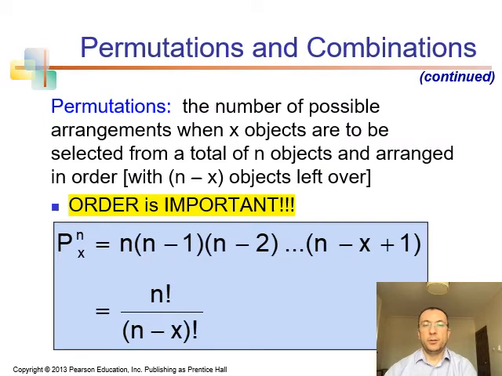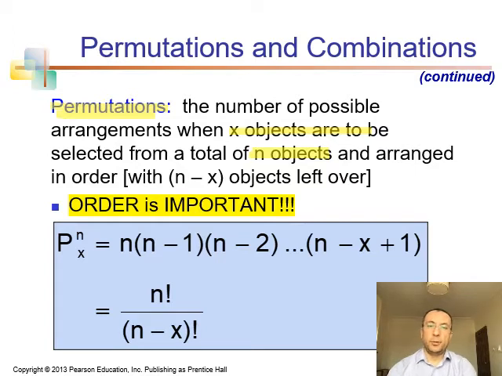Now, a similar concept is the permutation concept. In permutation, again, we are choosing, let's say, x objects from a total of n objects. And this time, the order is important.